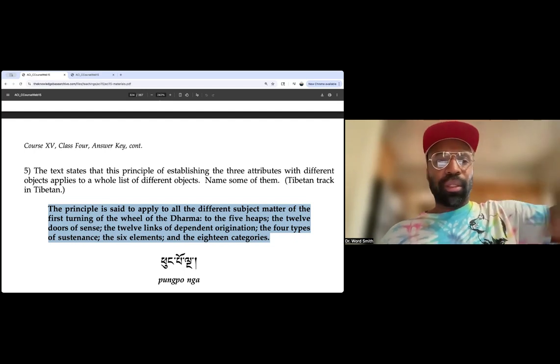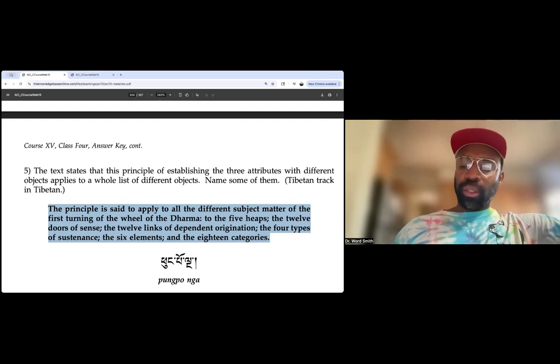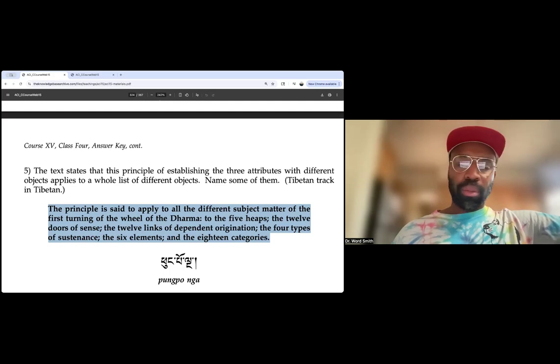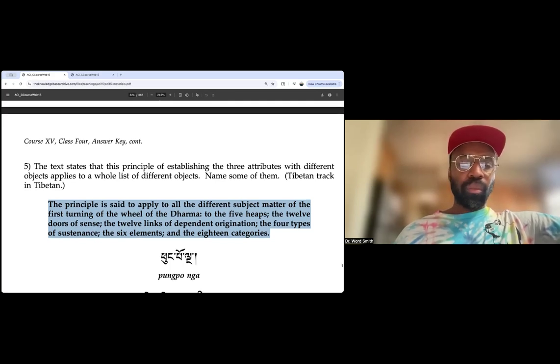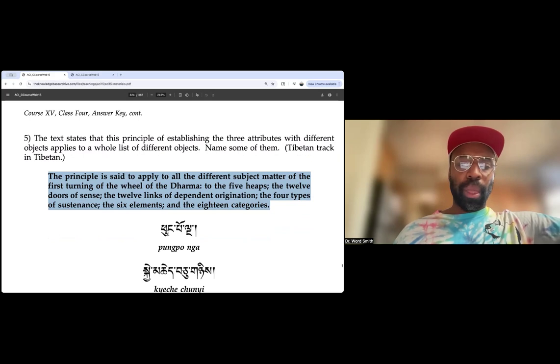These are just the things Lord Buddha said existed in the first turning of the wheel. So basically everything in the universe.